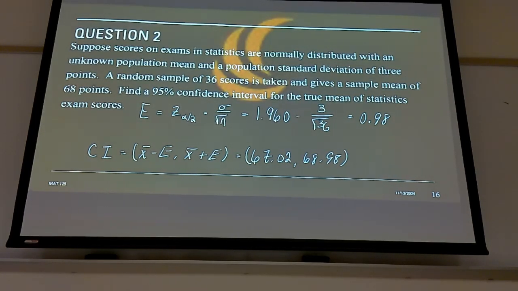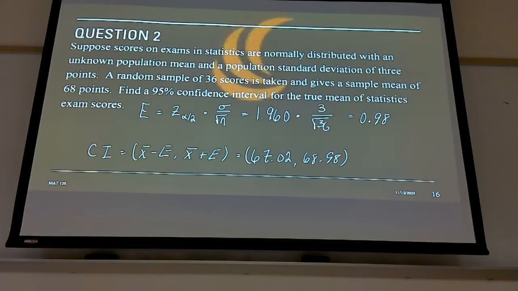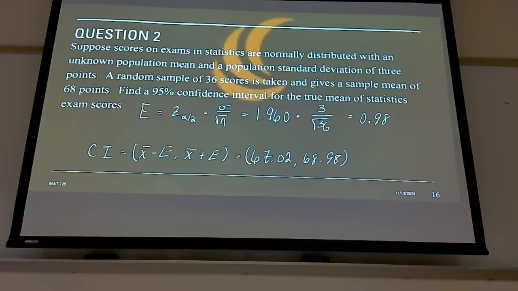It's only used to find the margin of error. So it's 1.96 times 3 over root 36. That's what gave you the figure there. That's the 0.98.